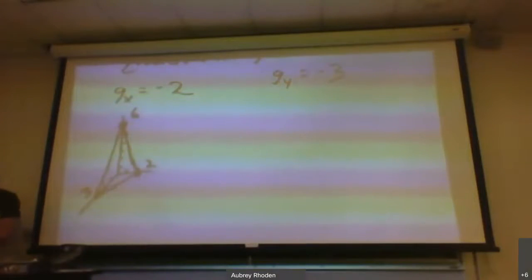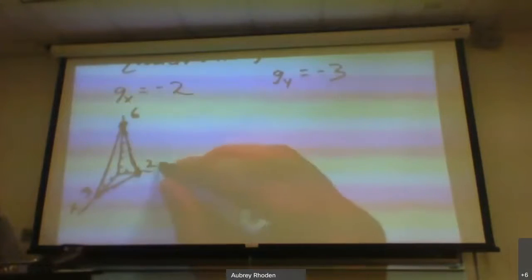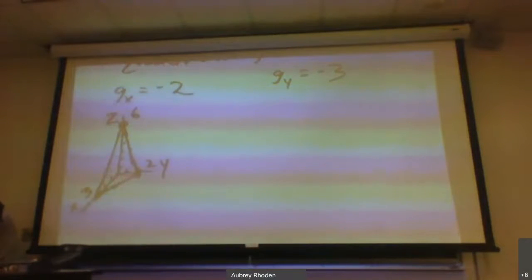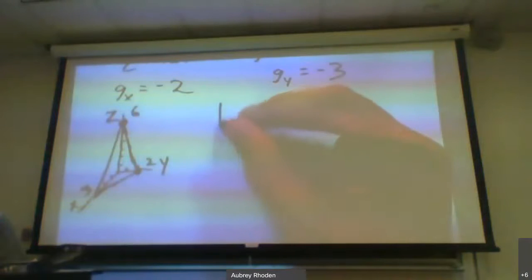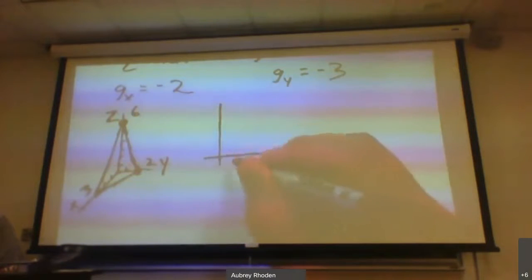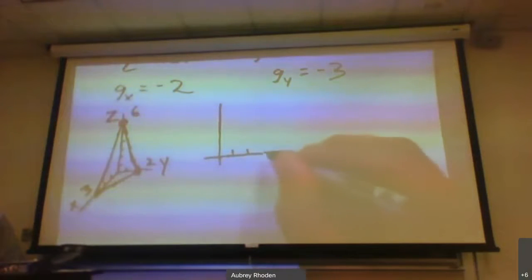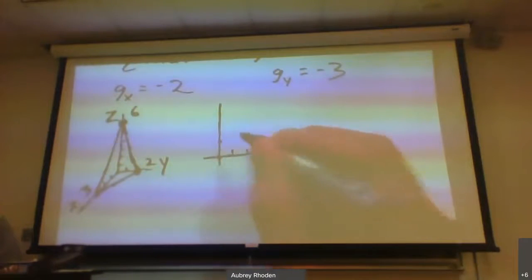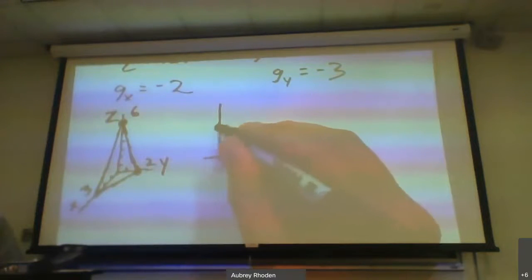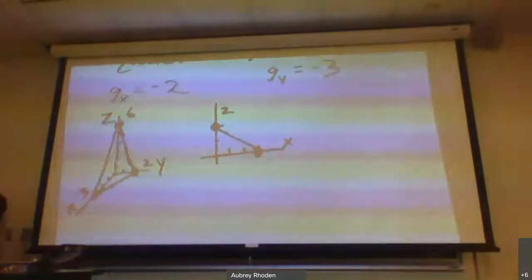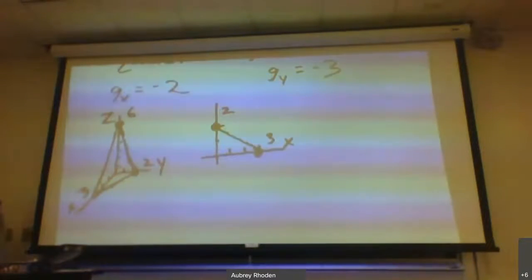So this is x, this is y, this is z, okay? If I project onto the xy plane, this is actually the line I'm going to be dealing with.